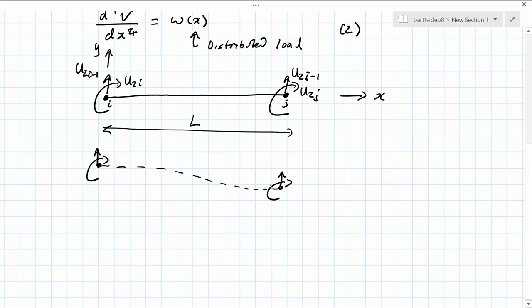So at end 0, we have v(0) and a rotation dv(0) with respect to dx, and at end L we have a displacement v(L) and a rotation dv(L) by dx.